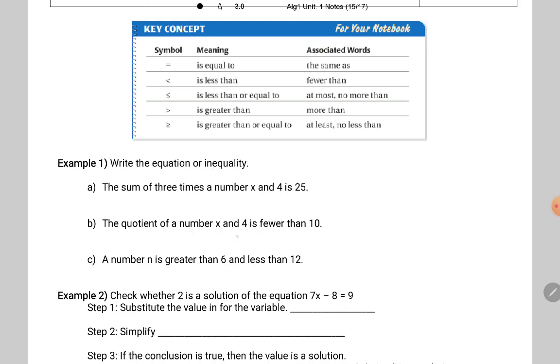Okay, write the equation or inequality. The sum, so remember sum is addition, of 3 times a number x and 4. So the sum of, so we have plus, and then we have the first number here, 3 times a number x.